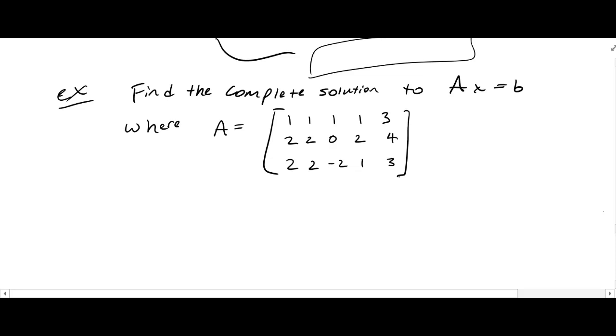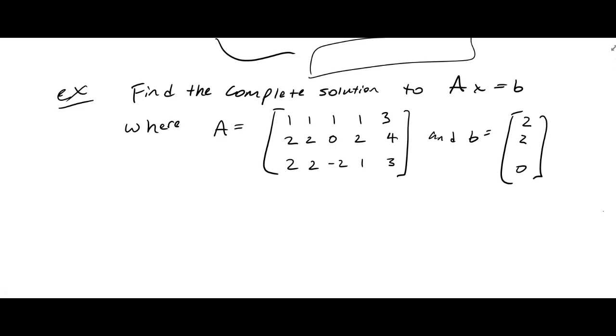And B is, oh shoot, I gotta find something in the column space of A. Let's search for the pivot columns. Let me do 2, 2, 0. Yeah, 2, 2, 0. Okay.